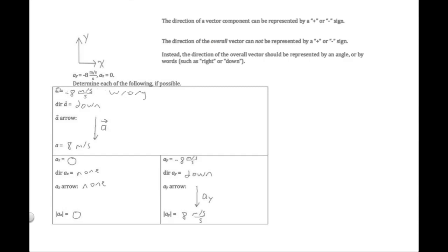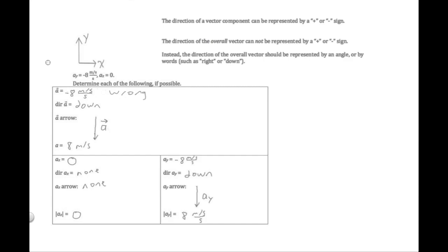The overall vector is not tied to any particular axis. Obviously, the y component is tied to the y-axis, but the overall vector doesn't make direct reference to any particular axis, so this is a bad notation, because if a reader saw this negative sign, they wouldn't know whether the overall vector is pointing in the negative x direction or the negative y direction.